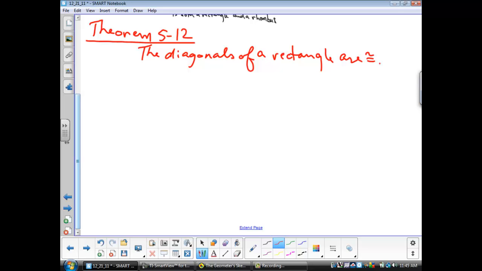So what we need is a rectangle, which by definition is a parallelogram with 4 right angles. So that's what we're working with, something that has 4 right angles.